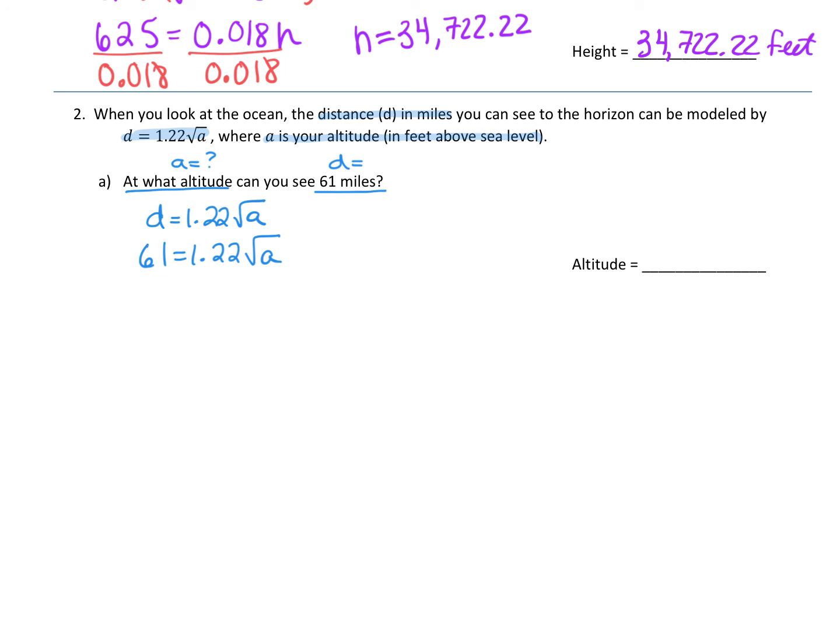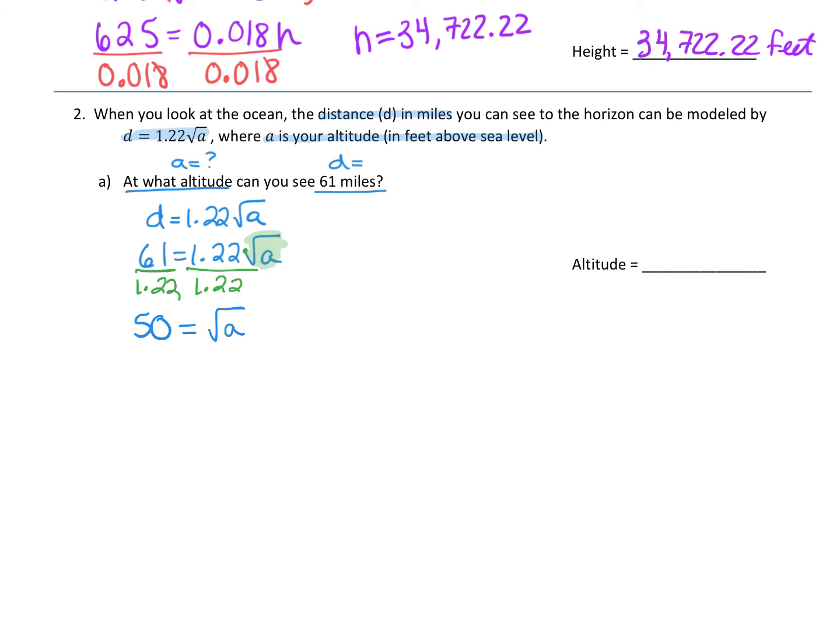In order to solve for A, I want to get this square root of A alone. So to do that, I need to divide by this 1.22. I'm going to divide because 1.22 is right up against that square root, so I know that they're being multiplied together. And to undo that multiplication, we're going to divide. So I'll be left with the square root of A on this side, and on the right side, 61 divided by 1.22 gives 50.